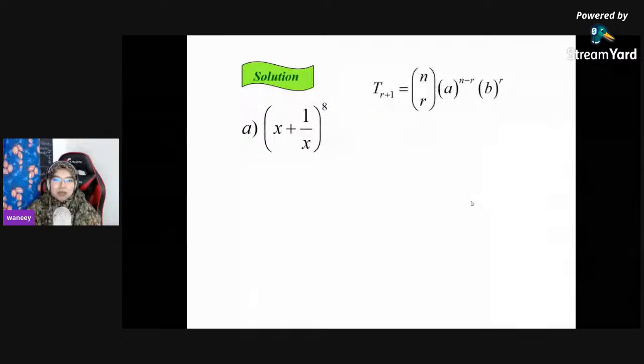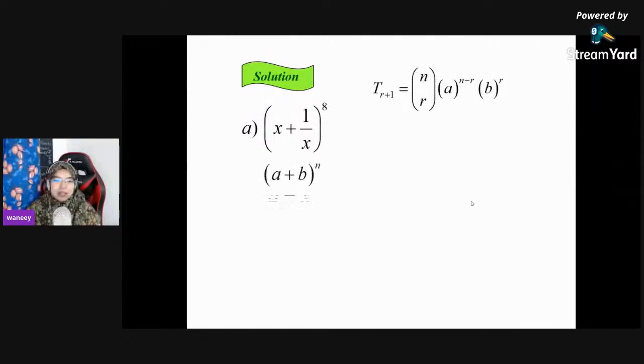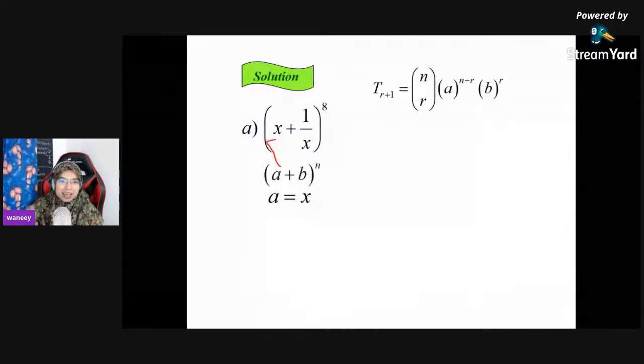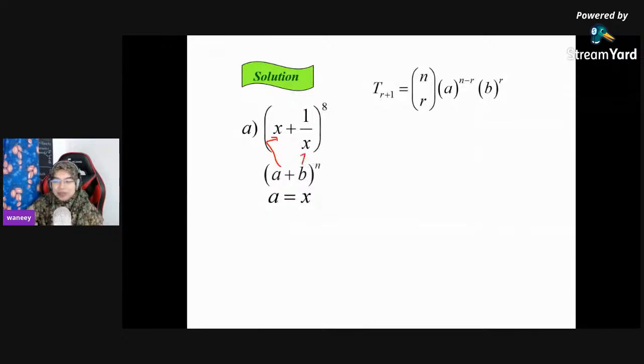Okay, so now compare with (a + b) to the power of n. We should be able to see that a is actually equal to x. So b is 1 over x, or you can actually bring it up. So 1 over x is actually x to the power of -1.